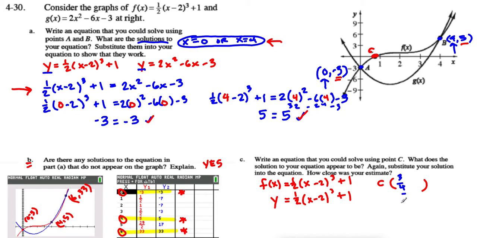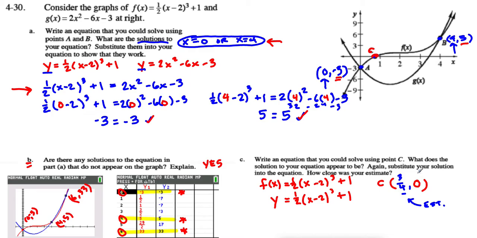Well, we definitely know that the y-coordinate here is what? We haven't gone up or down at all, so our y-coordinate is definitely going to be 0 for sure.